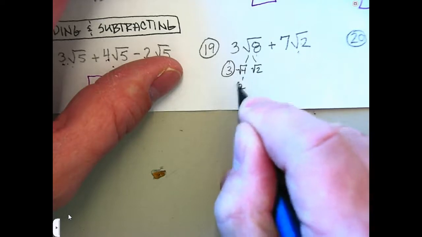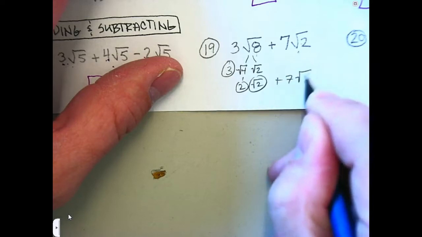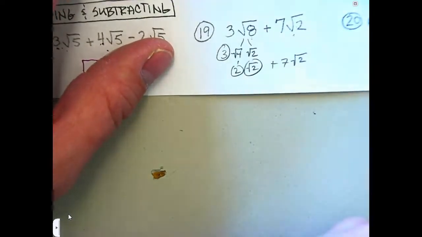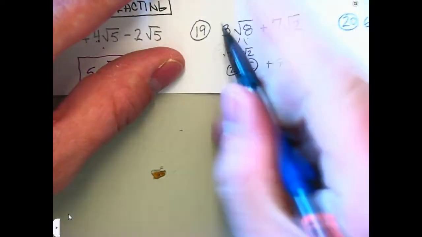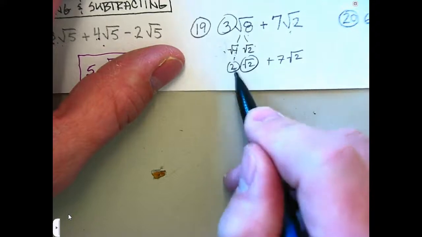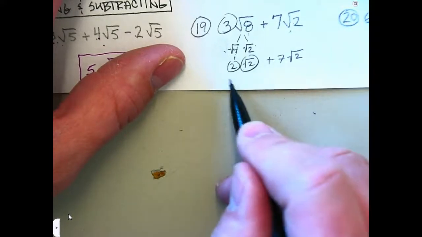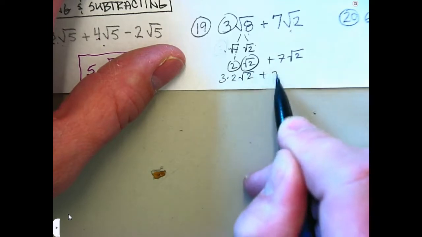That goes to 2. Okay, so the 3 just stays a 3. I don't even really need to bring it down. I can just circle it. Root 8 becomes root 4 root 2. Root 4 is 2, so I get 2 root 2. So I have 3 times 2 times root 2 plus 7 root 2.